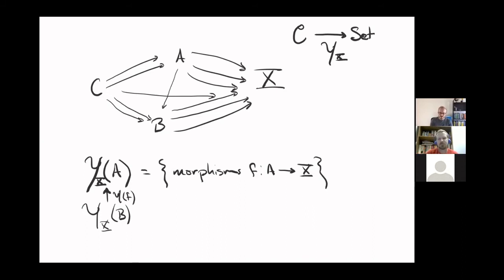Mm-hmm. So there are definitely functors from any category to the category of sets, or most categories to the category of sets, that are not what you would call representable. So you could think of these as possessing all of the properties of these sets of maps for your object, but there's no object underneath.